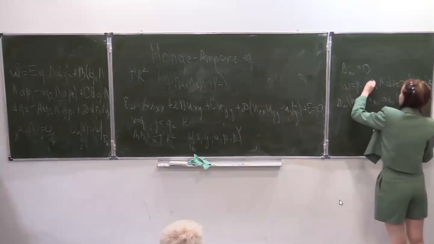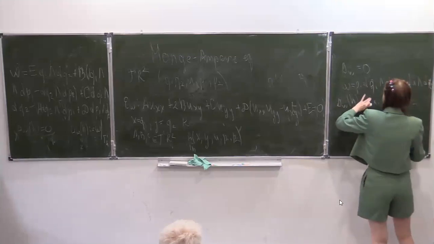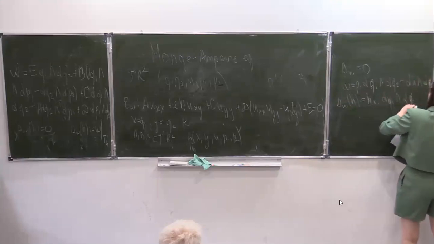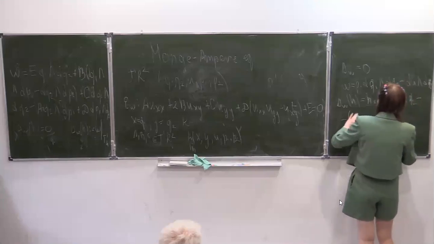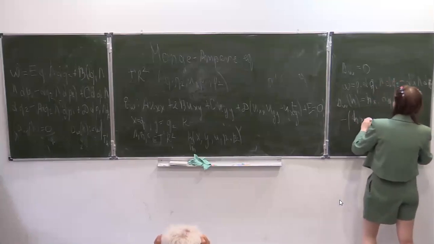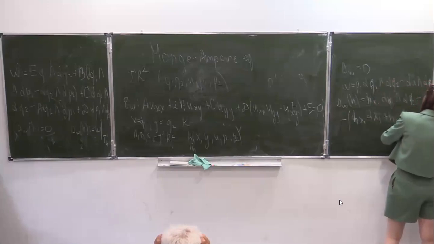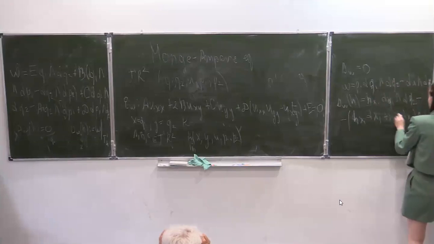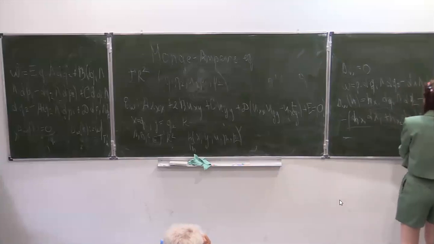Q1, Q2, Q2, and so minus h x1 dx1 plus h x2 x2 x0 dx, so that's 0 and this equals 0.